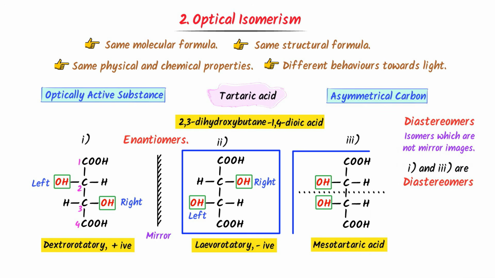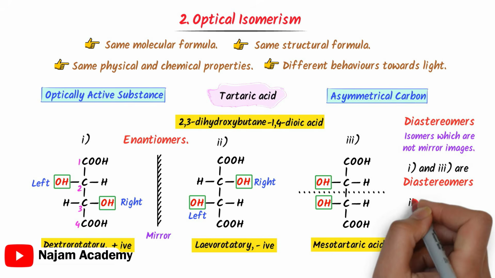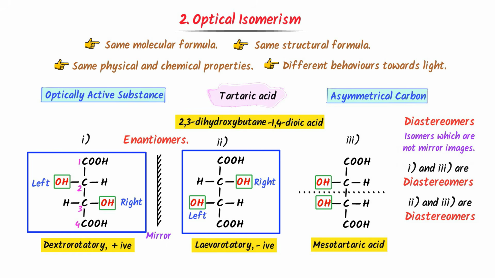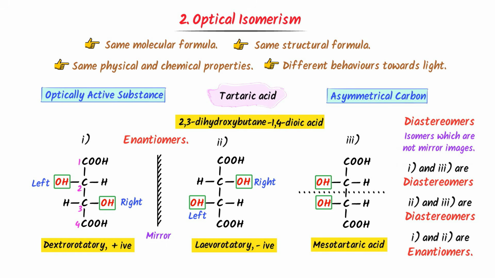The second and third are not mirror images of each other. We say that the second and third are diastereomers. While we can see that the first and second isomers are mirror images of each other, we call them enantiomers. Thus, these are the 3 different isomers of tartaric acid. This was all about isomerism.